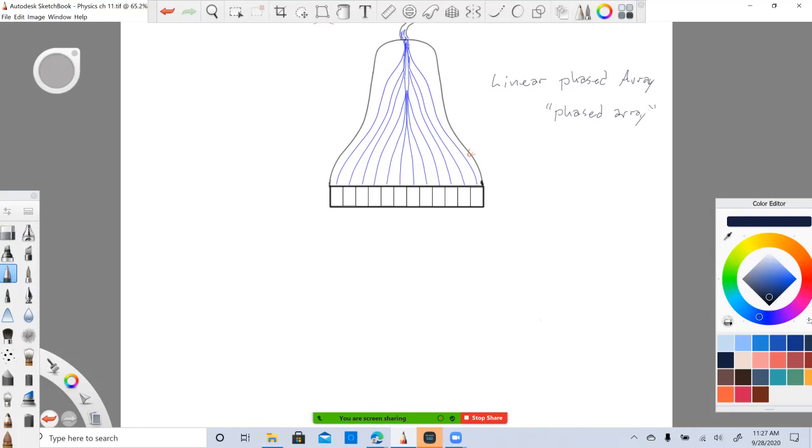But linear phased array, the footprint of the face of the transducer comes into contact with skin in a small square, about 1 centimeter on each side. Linear phased array has no moving parts. The beam is steered and focused using an electronic technique called phasing.